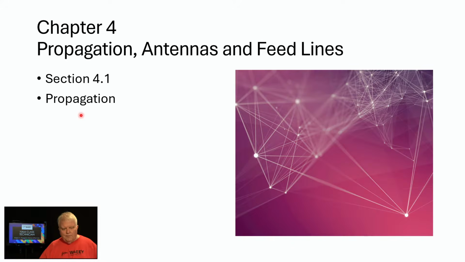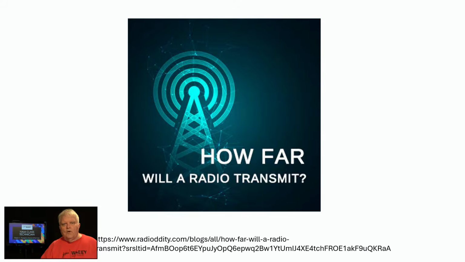So tonight, Chapter 4, Section 4.1 is called Propagation. And one of the most common questions I'm asked is, well, how far does a radio transmit? And the answer is always, well, it depends. And that's what we're going to talk about tonight.